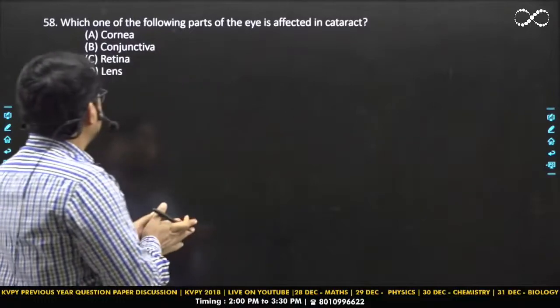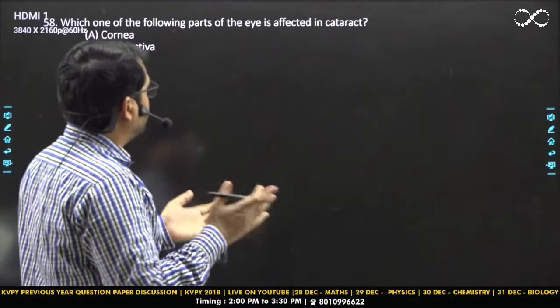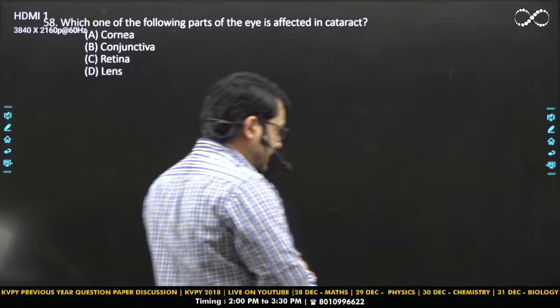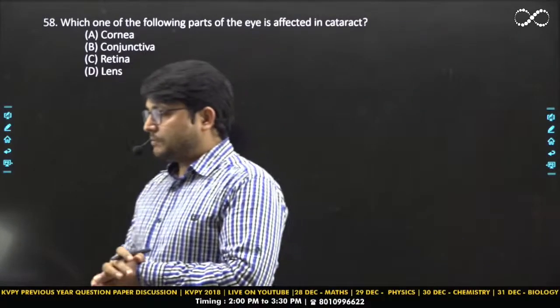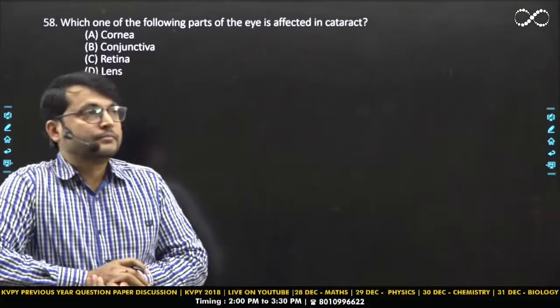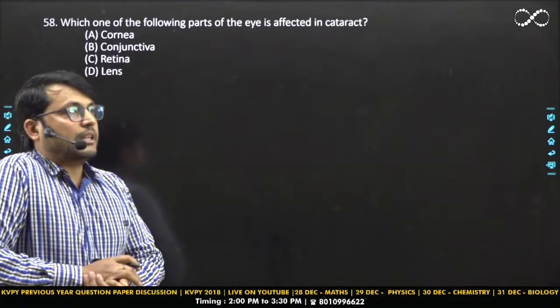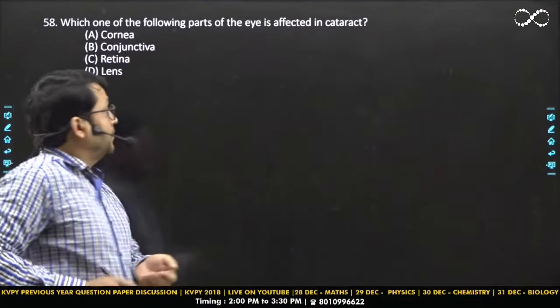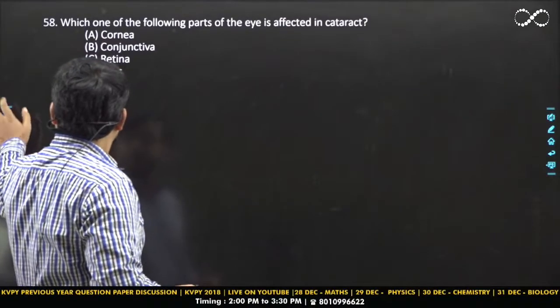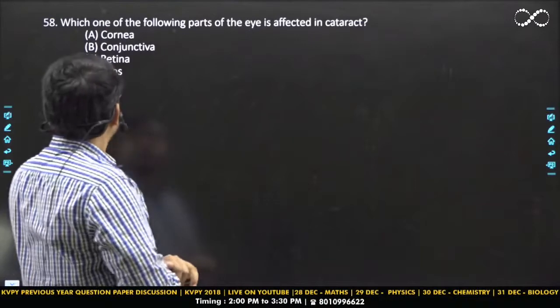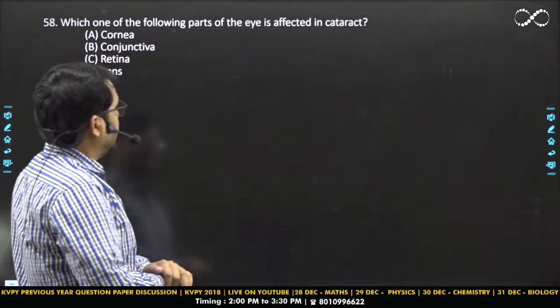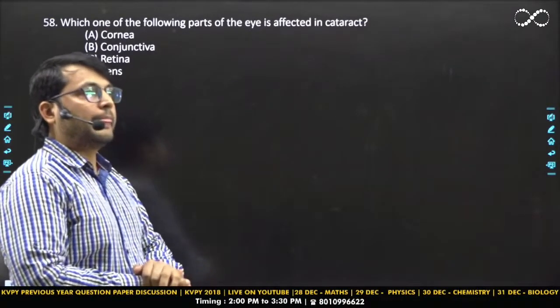Now this question is, which one of the following parts of the eye is affected in cataract? Again, very straightforward question. Can we have the answer, please? The options are cornea, conjunctiva, retina, lens. Okay.